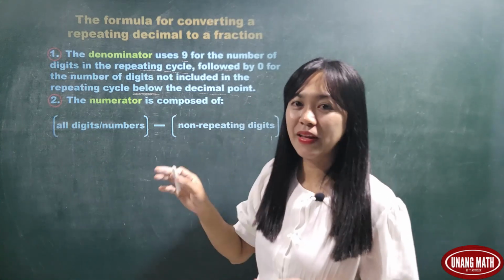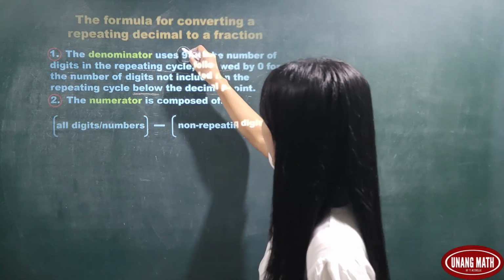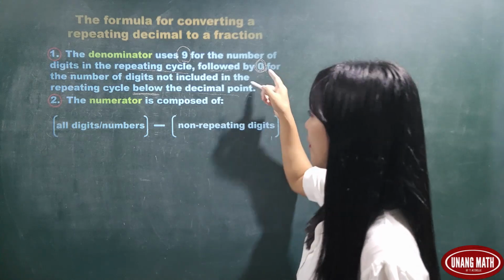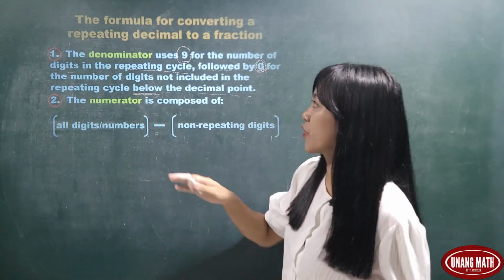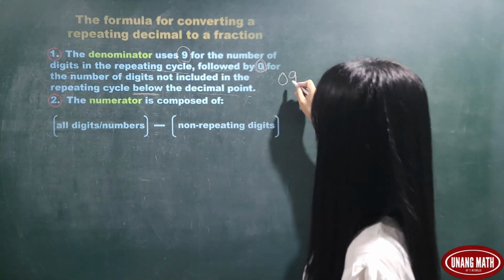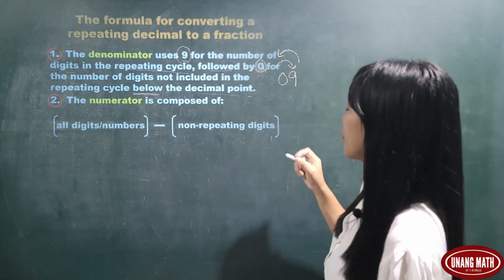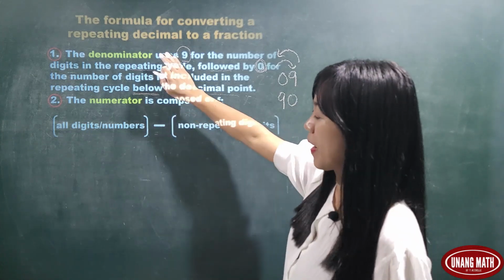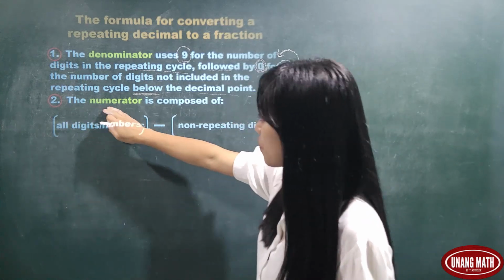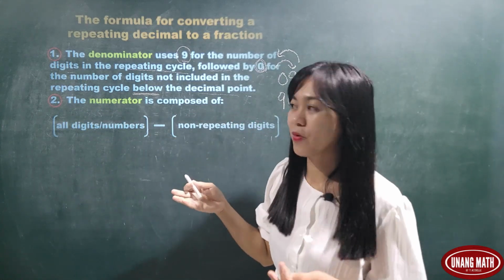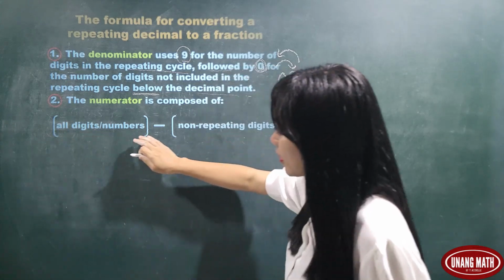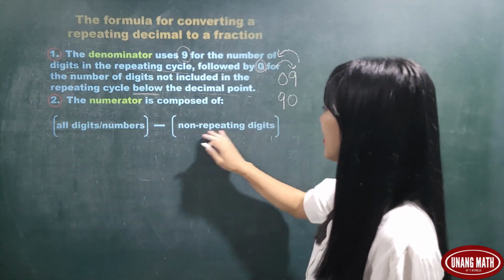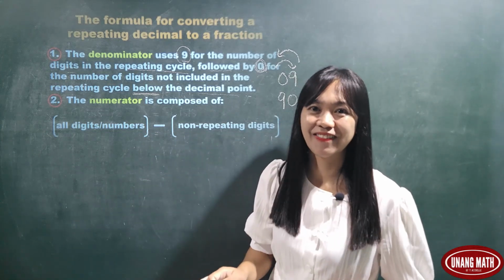If the digit is repeating, represent this as 9. If it's not repeating, represent this as 0. But if 0 comes first before 9, we have to interchange these numbers because 9 should come first before 0. That is for the denominator. And to get the numerator, our formula would be to get all the numbers without minding the decimal point minus the non-repeating digits.